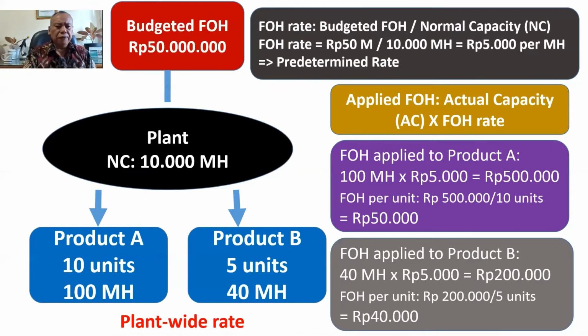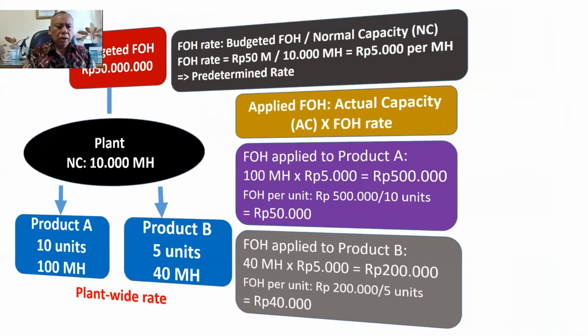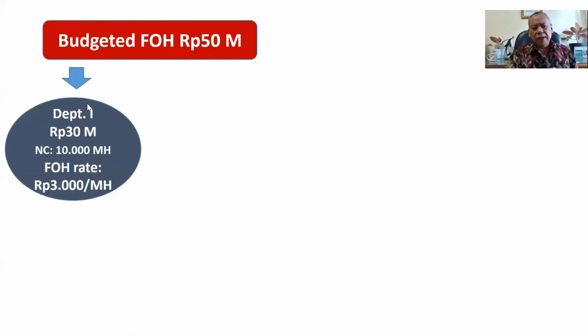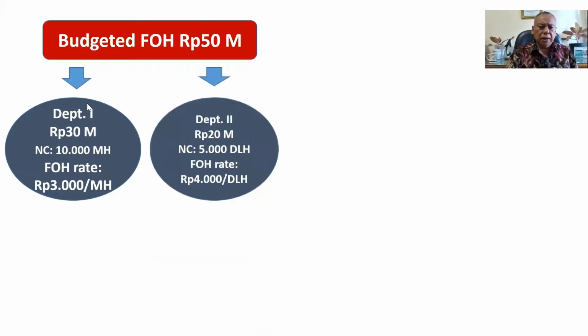Now, how about if our cost pool is the producing department? If our cost pool is producing department, for example, we have two producing departments, department 1 and department 2, and then we need to allocate the budgeted factory overhead.